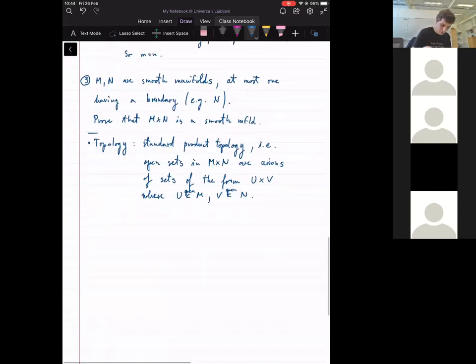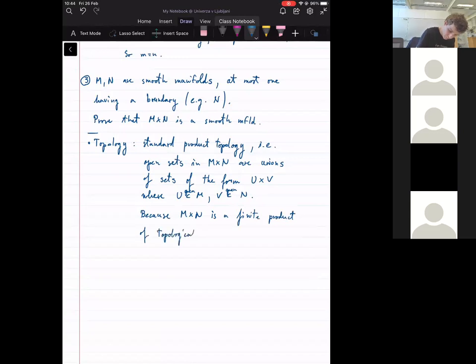So maybe something that you should notice is that because M times N is a finite product of topological spaces, this is the coarsest topology such that the projections are still continuous.